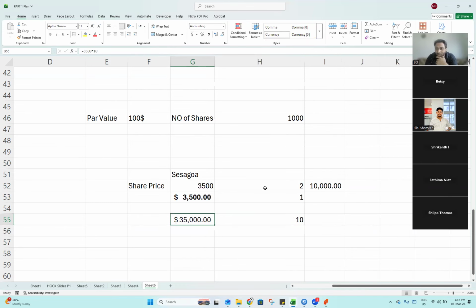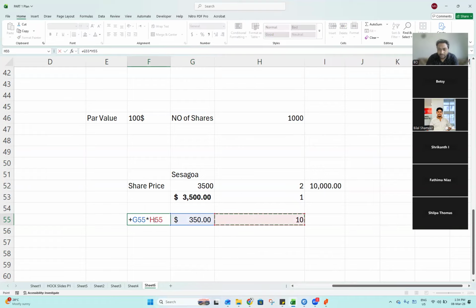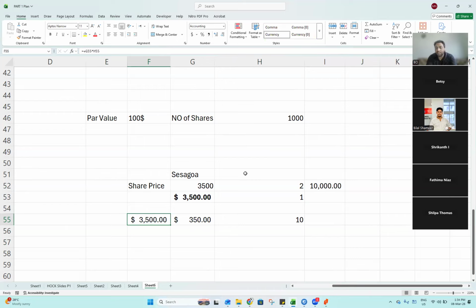Definitely not, right? They're dividing one share into 10. So each piece will be divided by 10. Each share's value became 350. So did my investment increase? No, my total investment is the same, but the per share value became 350.